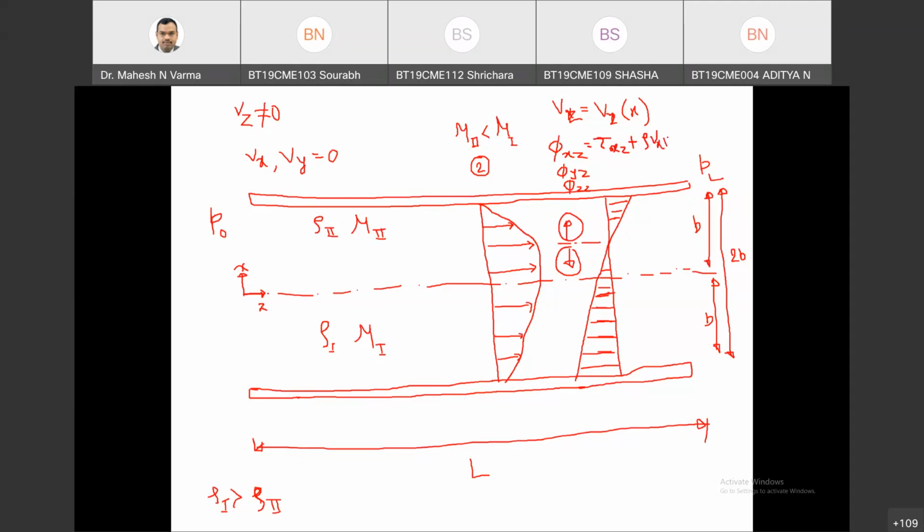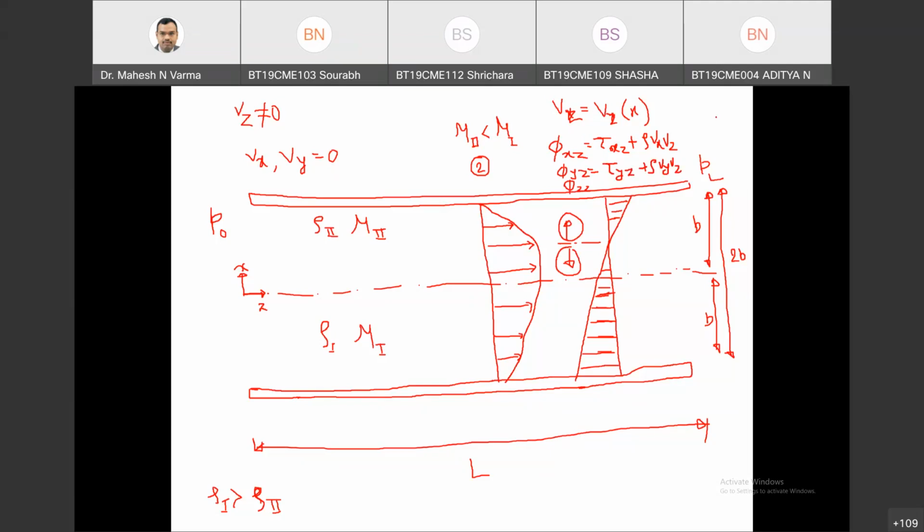Why is P not coming in here? Because i is not equal to j. What will phi YZ be equal to? Tau YZ plus rho Vy Vz.